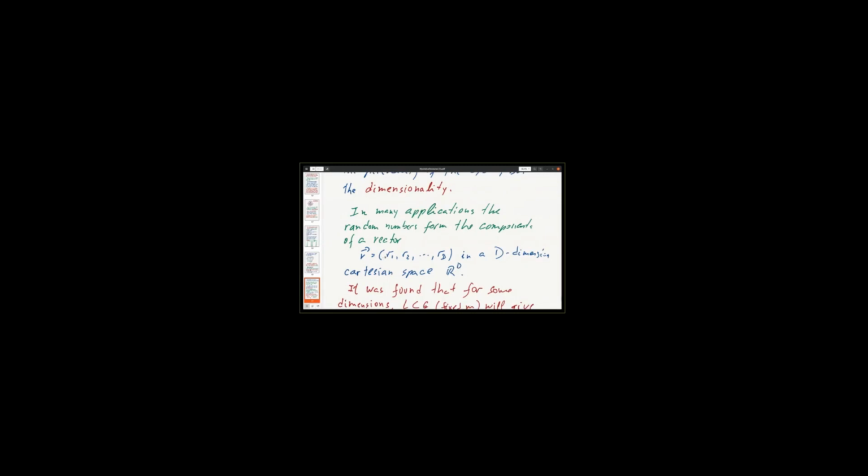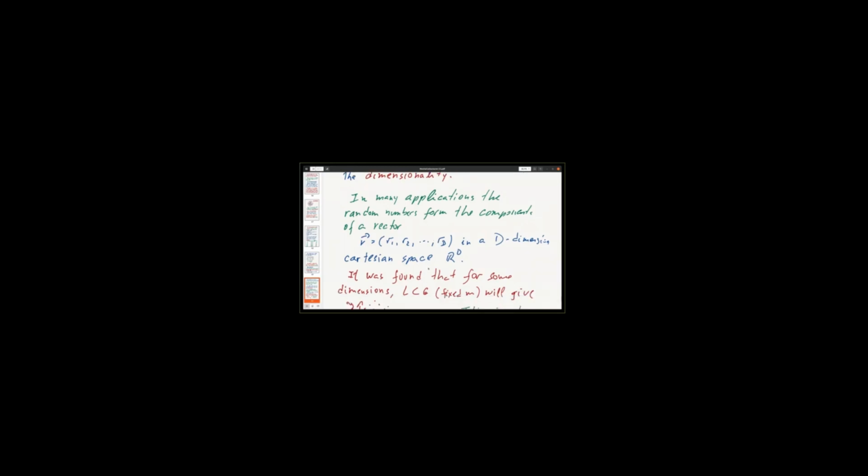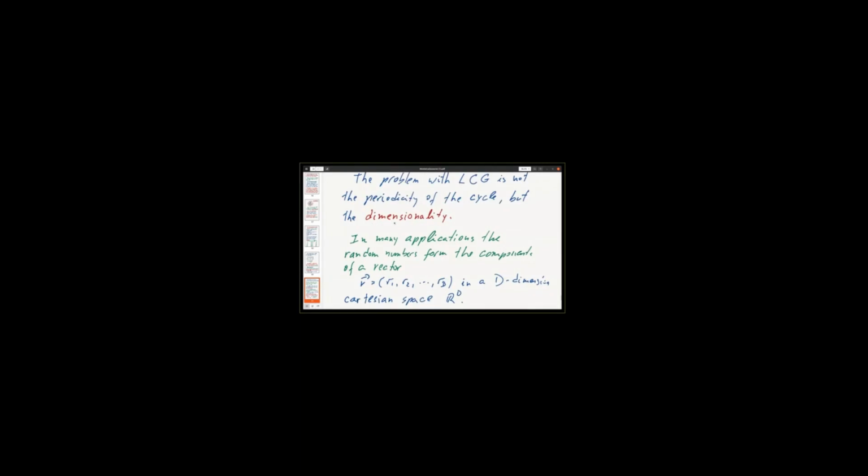And this is a little bit different because you want the vectors v to be randomly distributed. This is different from a series of numbers being randomly distributed. And this is related to the dimensionality of the series.